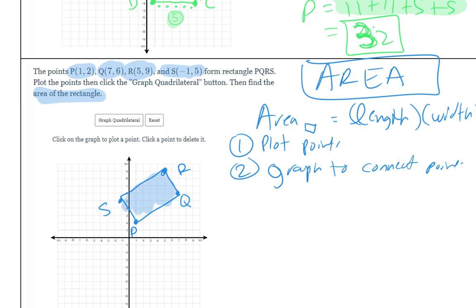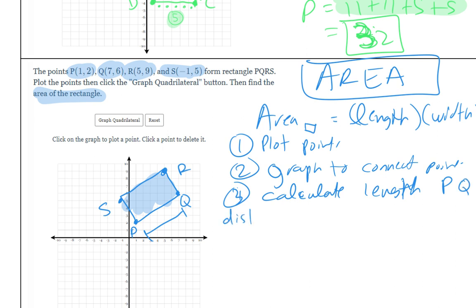So the third step is to calculate the length. We need to calculate the length of this right here, we're going to say PQ. Okay, so we need to find the length of P to Q, right? PQ is the distance formula, right?